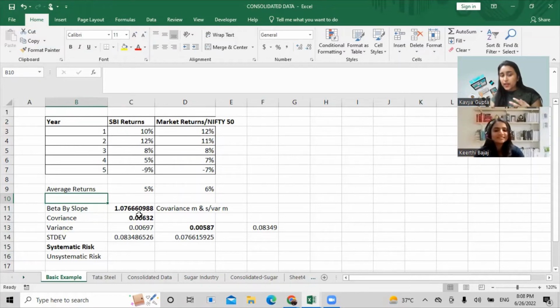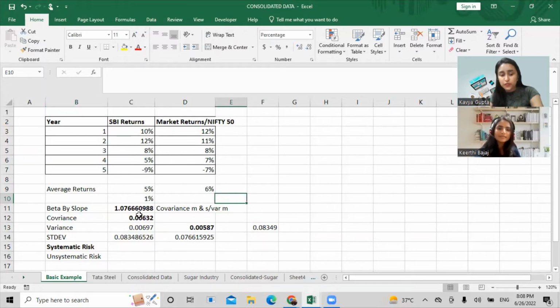But then again, if Nifty is giving me a positive return, then SBI will give me more returns. But what happens in a downside market? The opposite happens. If Nifty falls by 7%, SBI returns fell by more than 7%. So this is what we should consider as analysts when we are picking up stocks, especially in a volatile market.